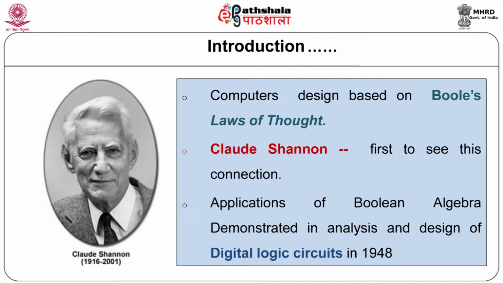Computers today are designed on the basis of Boole's laws of thought and were known as thinking machines. Claude Shannon was among the first to see this connection. Shannon demonstrated the applications of Boolean algebra in the analysis and design of digital logic circuits in the year 1948, which provided basic knowledge in the understanding of digital electronics.